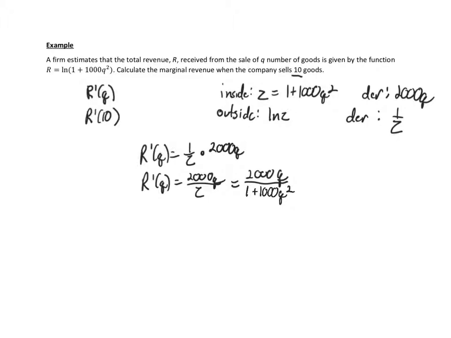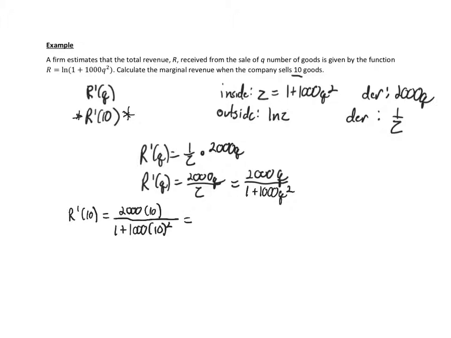So we've got our r prime of q, but what we really want to find is this r prime of 10, the marginal revenue for 10 goods. So r prime of 10 equals 2,000 times 10 over 1 plus 1,000 times 10 squared.